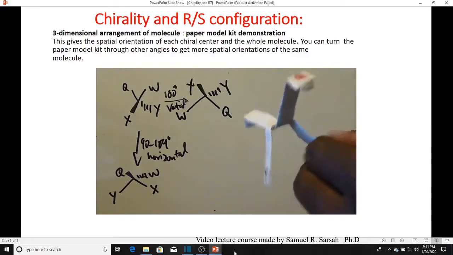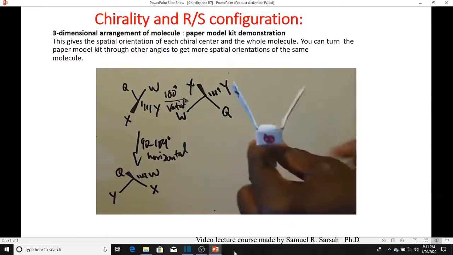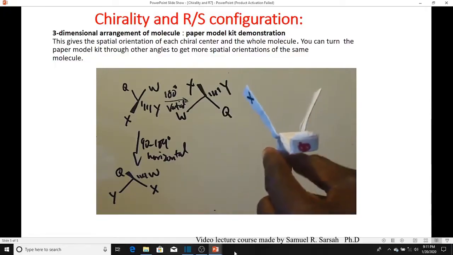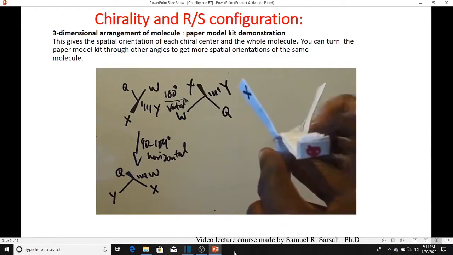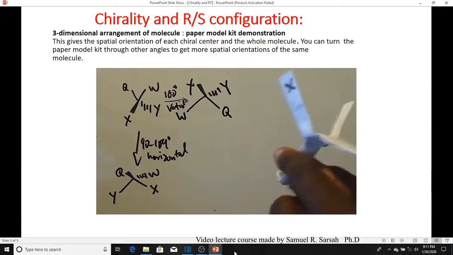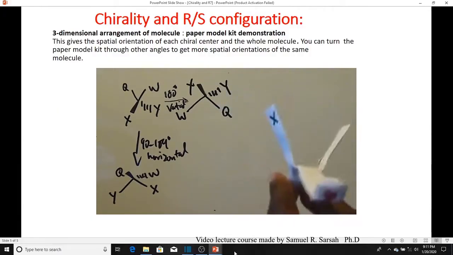Again, if I do 180 degrees vertical, now Q is still pointing to me, and W is going away, but here on the lower side of the wedge, and in the plane like this, X is here, Y is here.